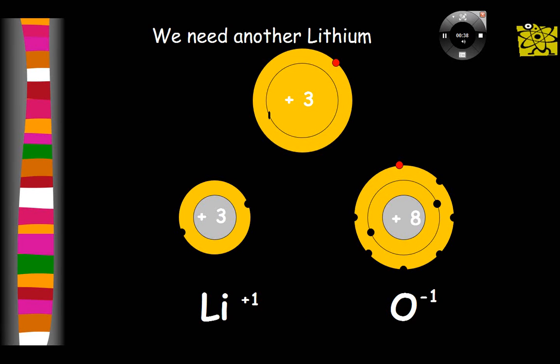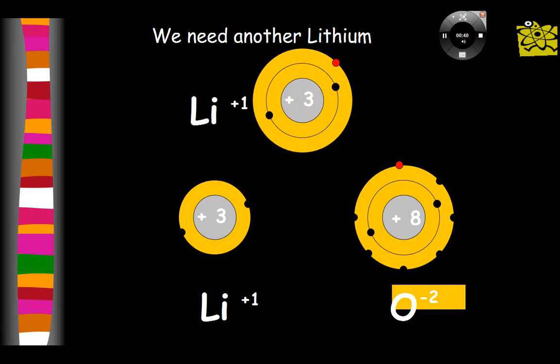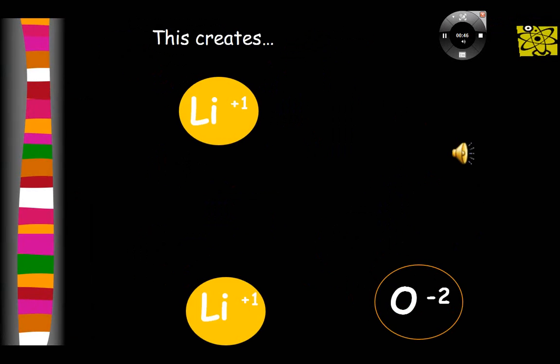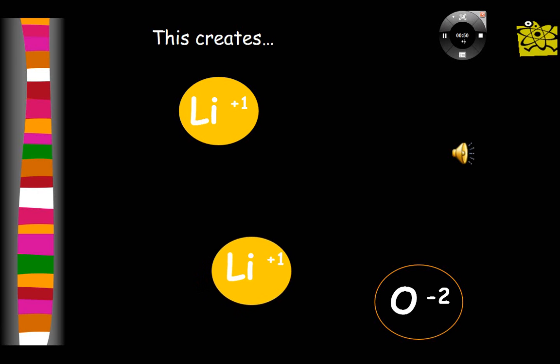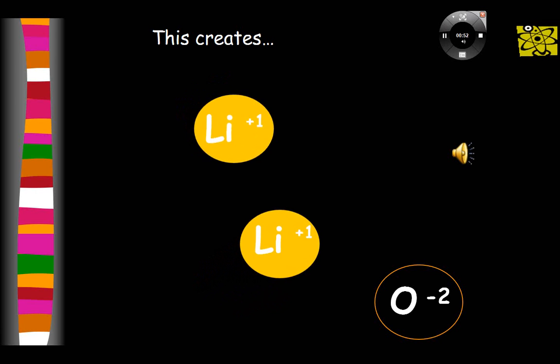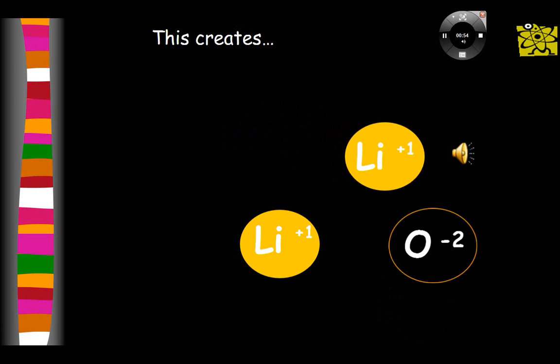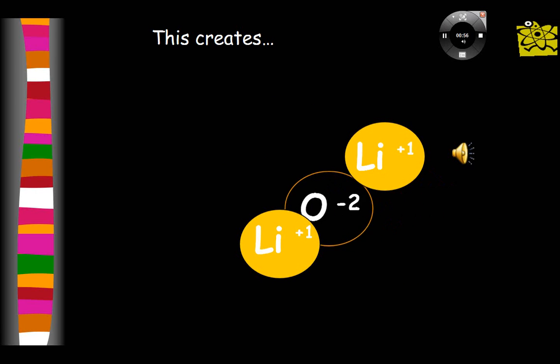You need a whole other lithium to make oxygen happy. Why? Because oxygen has an oxidation number of -2. So it requires 2 lithium for every 1 oxygen. Let's see how they get together. 1 lithium, 2 lithiums, and there you have it. Li2O.